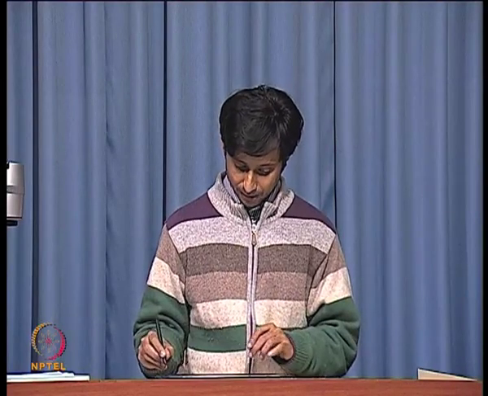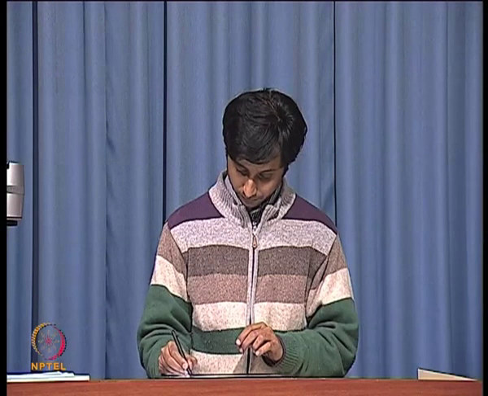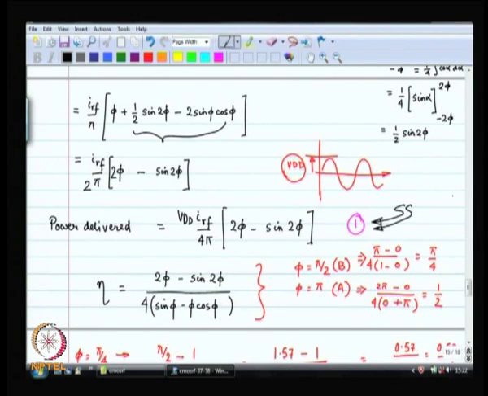What is the total power that you deliver to the load? It is only so much. Okay. And for a certain phi, let us say phi equal to pi by 4, that is where we got an outstanding efficiency, right. At lesser conduction angles things are going to be even better, even closer to 100%.